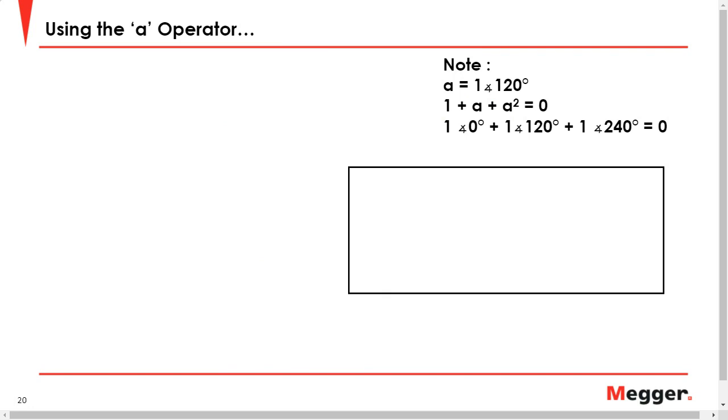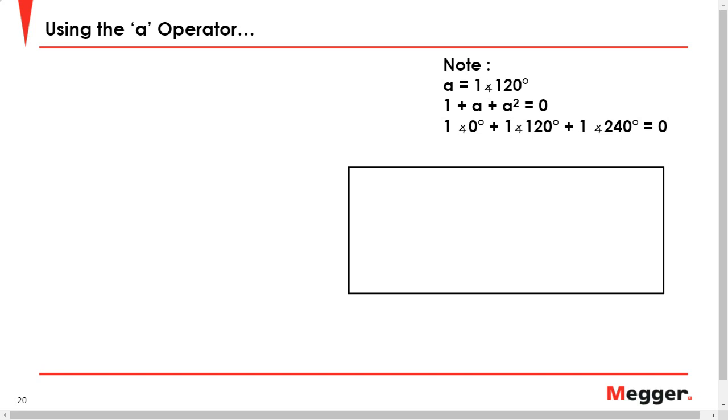Just a quick note, the A operator is in polar format. It's 1 angle 120, and this allows us to define VB in terms of VA, because we know what the phase shift is, or define VC in terms of VA, etc.